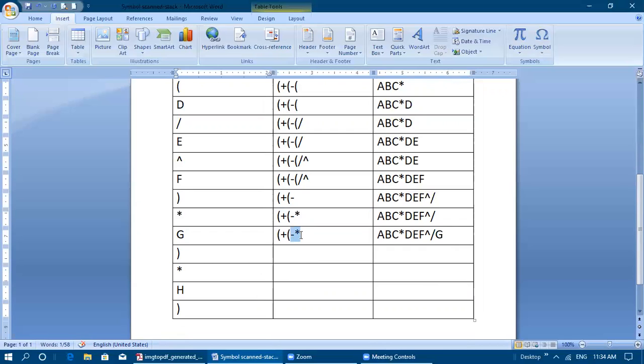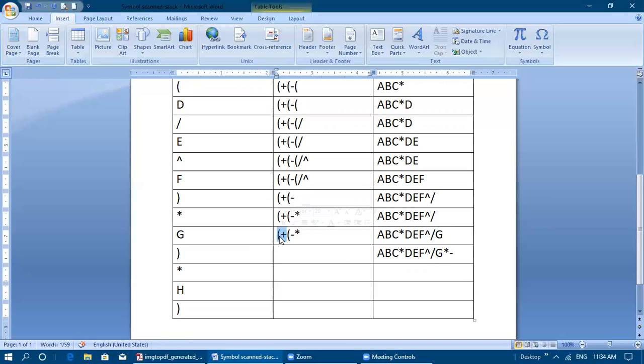Whenever a right parenthesis is encountered, what do we need to do? Pop every element of the stack from the top until the left parenthesis is encountered. So first place the star after this G, then minus after this star, and then remove the left parenthesis in the next expression.